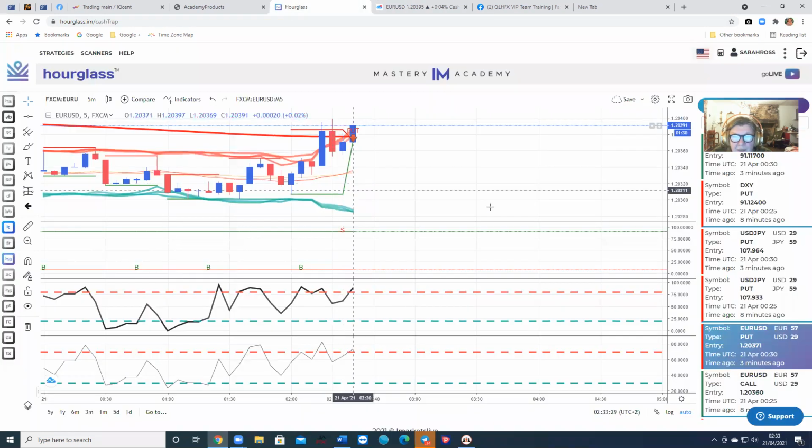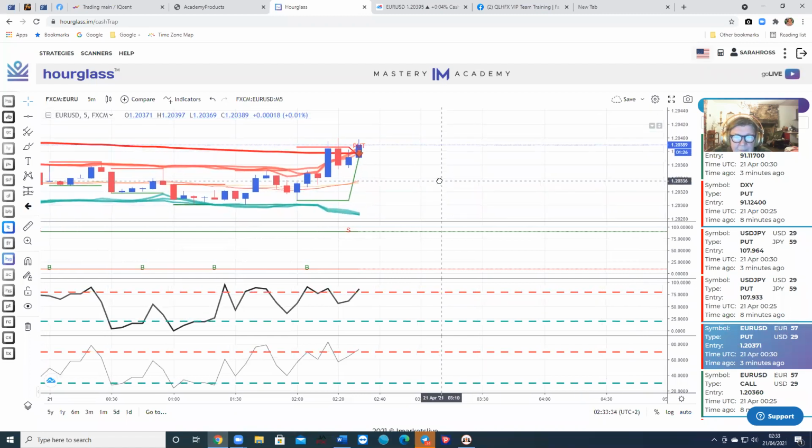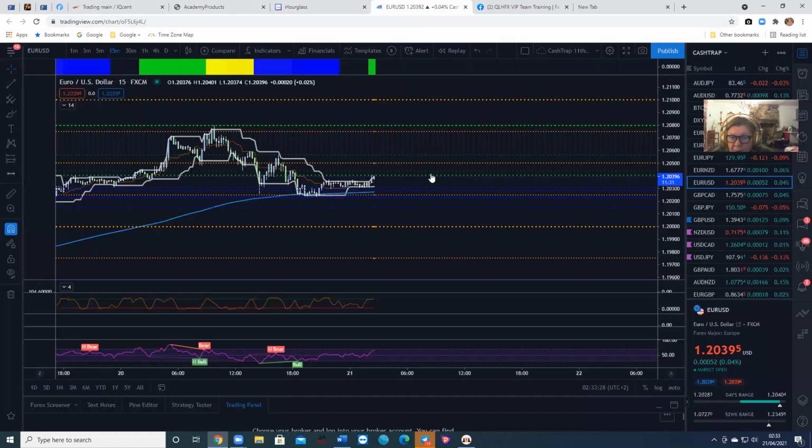Let's go to HourGlass again. Got 1 minute 30, see if it happens again. We did have our trading range of 404 and it's up at 389. So I had 380 up to 404. 404 was this green line here.